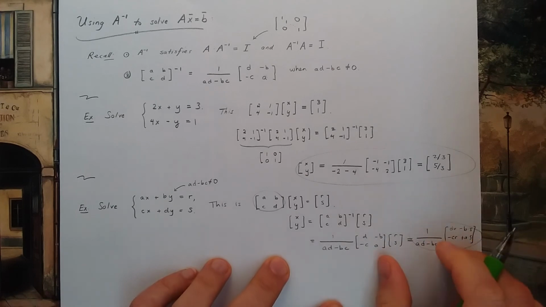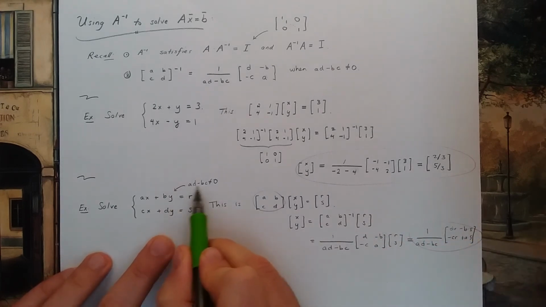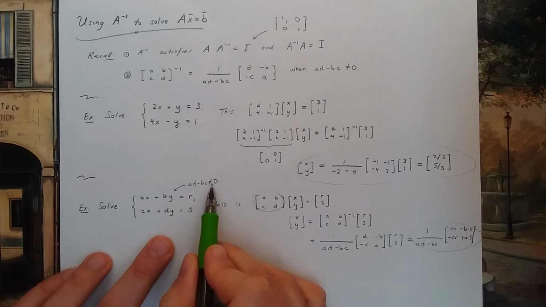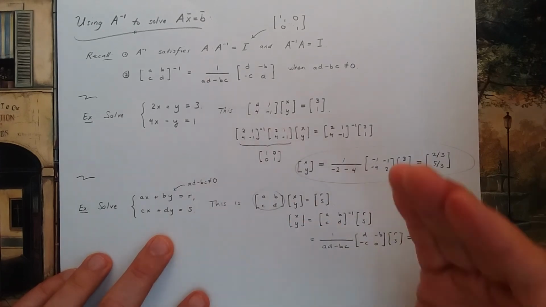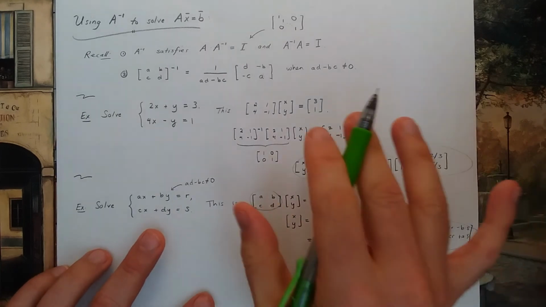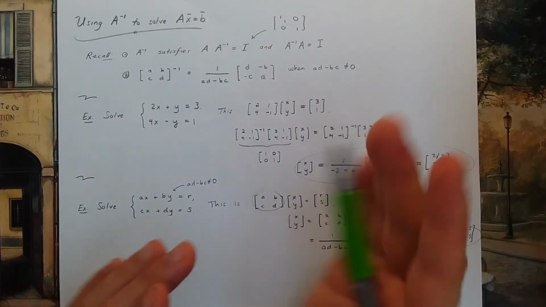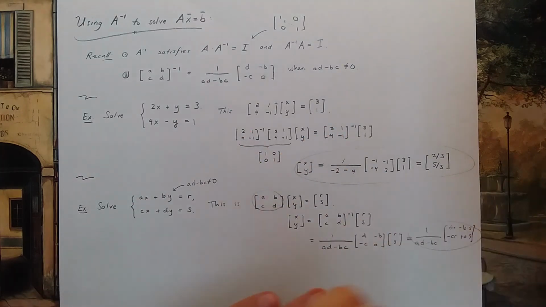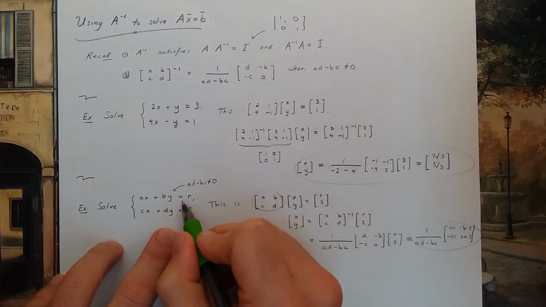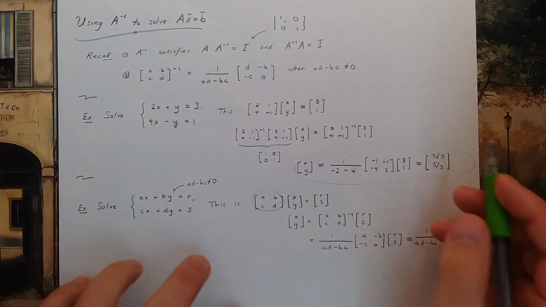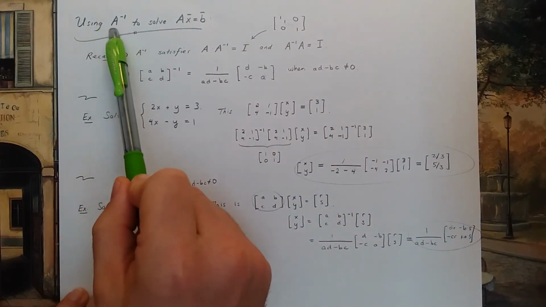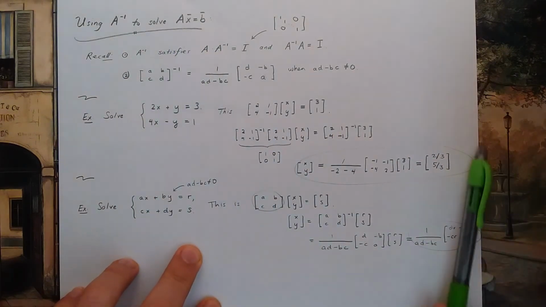So there's a general formula, provided, of course, that this term is not 0. If this term is 0, then that means we're going to be in one of the situations where we either get no solution, where we have parallel lines that don't intersect, or we actually get an infinite number of solutions when those two lines are on top of one another. Okay, well, here is an introduction on how to use the inverse matrix to solve linear systems. Excellent.